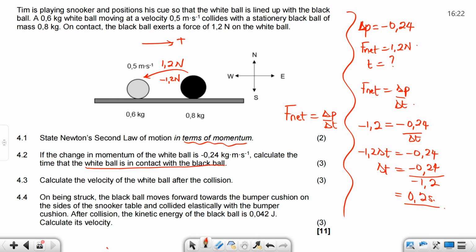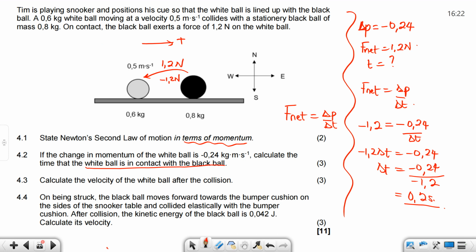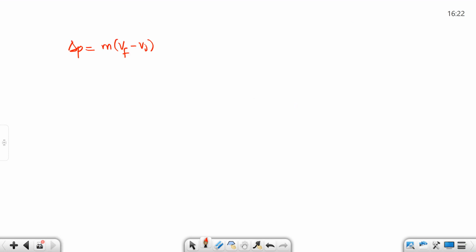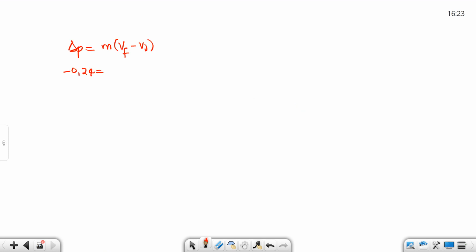Do we all agree that change in momentum is m times (vf minus vi)? Does that make sense? Do we know the change in momentum? Negative 0.24. Do we know the mass? Which object are we dealing with? The white. What's the mass? 0.6.